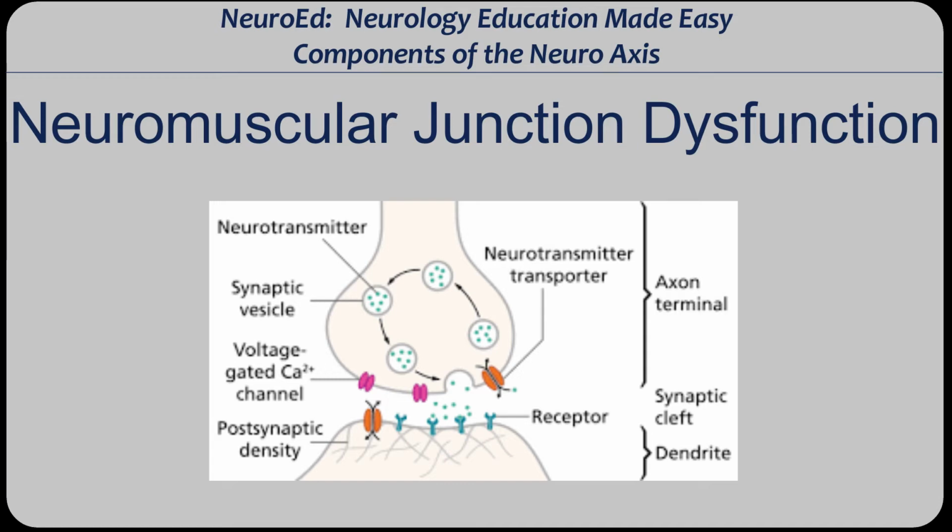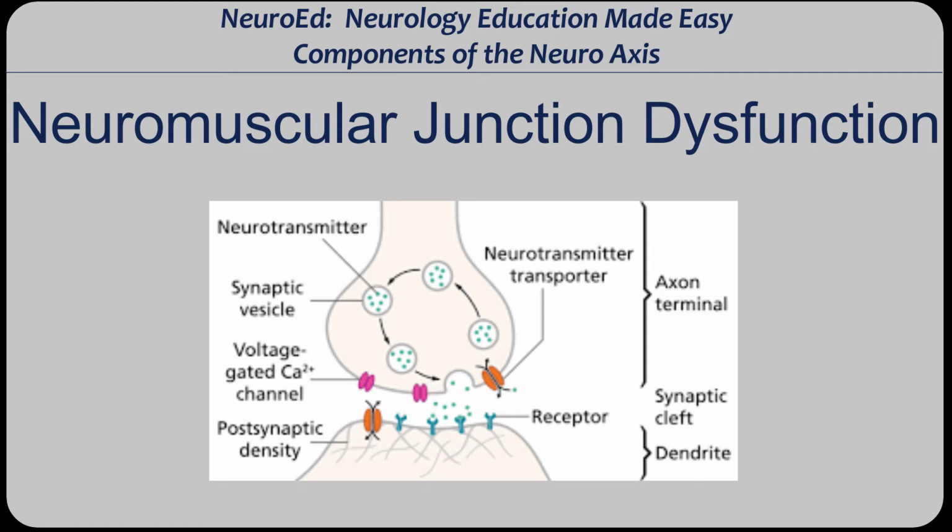So once it comes down to the axon terminal, the acetylcholine is exocytosed into the neuromuscular junction. Once the acetylcholine is released, it travels across the synapse and binds to the acetylcholine receptor on the muscle to initiate the actual muscle contraction.